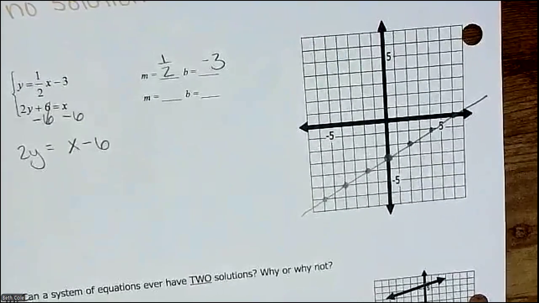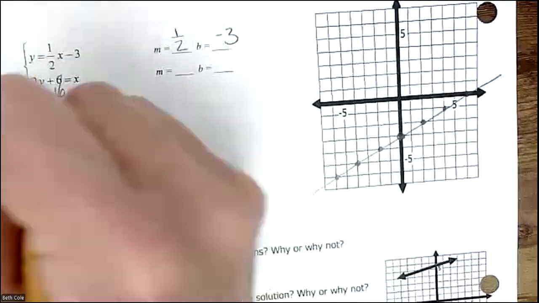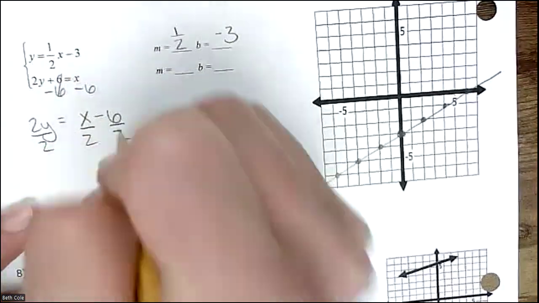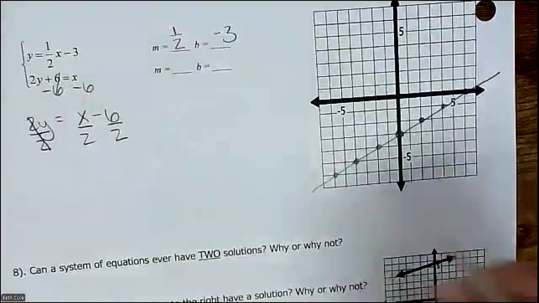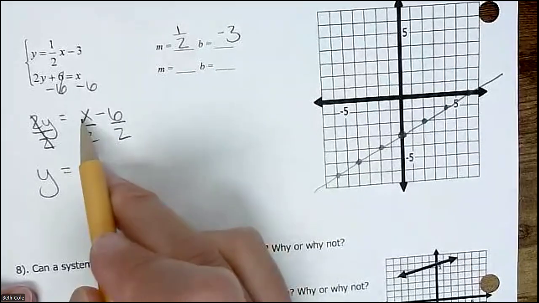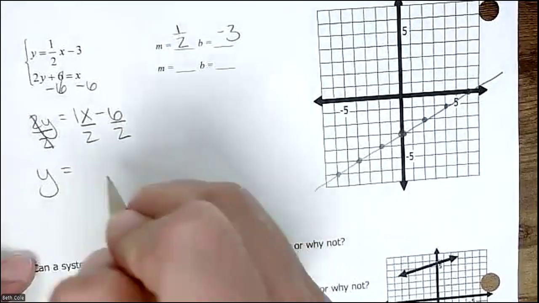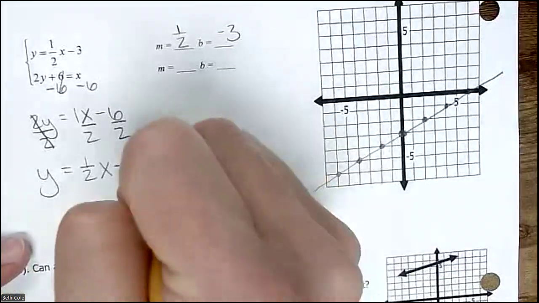Can you write this down with me, please? All right, and then how do you get rid of the 2? Yep. Good. Divide everything by 2. Divide 2, divide 2, divide 2. So y equals, now this is really kind of tricky. Good. There's really a 1 in front of that x, so it's 1/2 x minus 3.